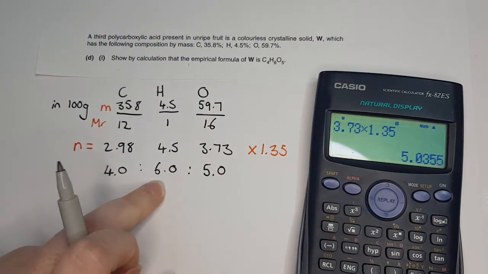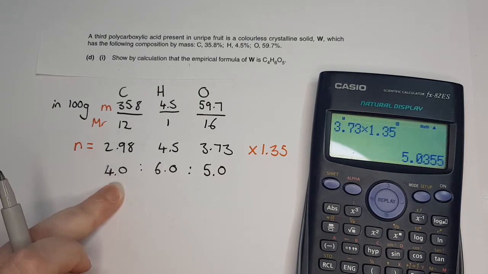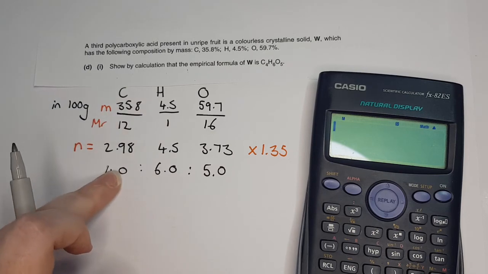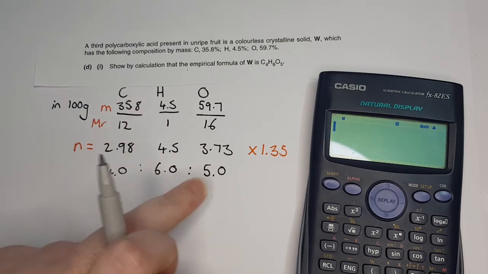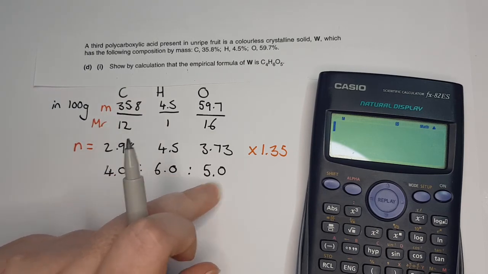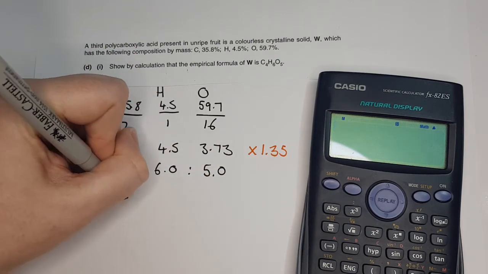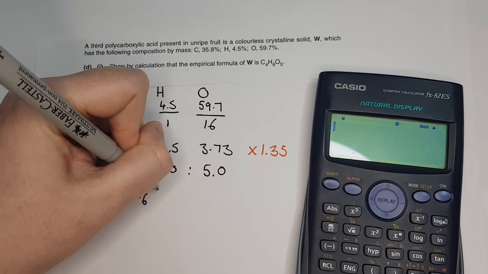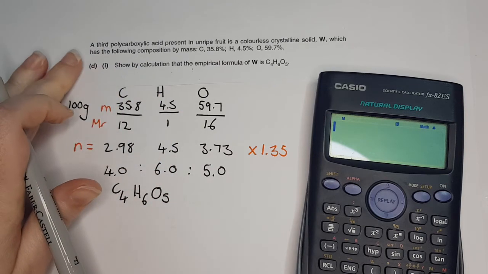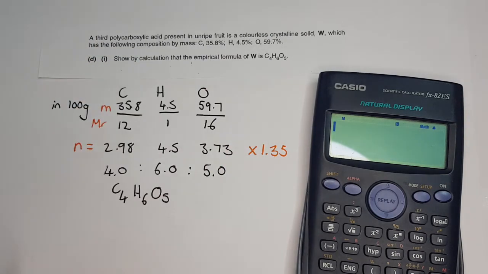So now I've got the closest to whole numbers that I would get. So my ratio is actually 4 to 6 to 5 because I need to multiply. So that means I end up with C4H6O5, which is what they told us in the beginning.